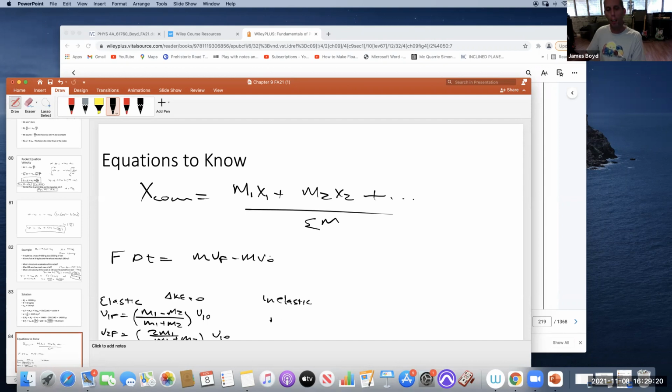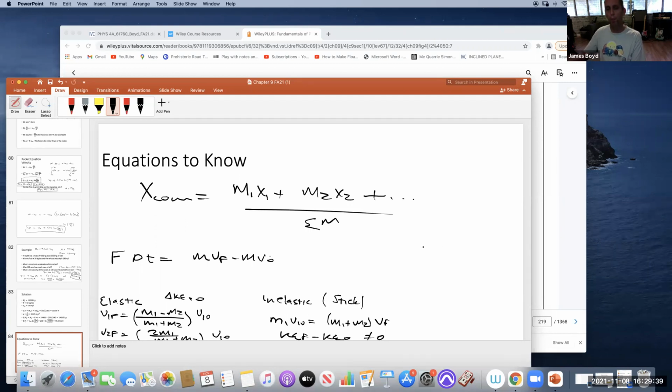Inelastic was M1 V1 initial is M1 plus M2 times V final, and KE final minus KE initial does not equal 0.